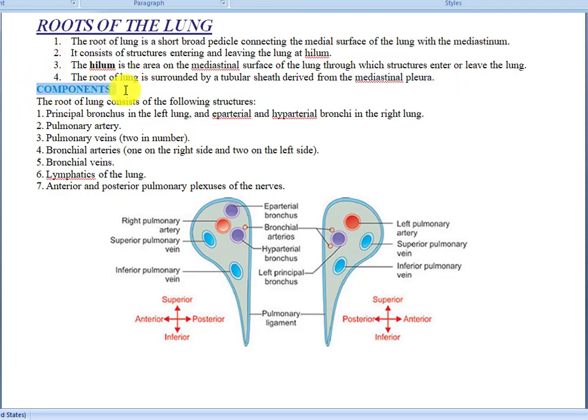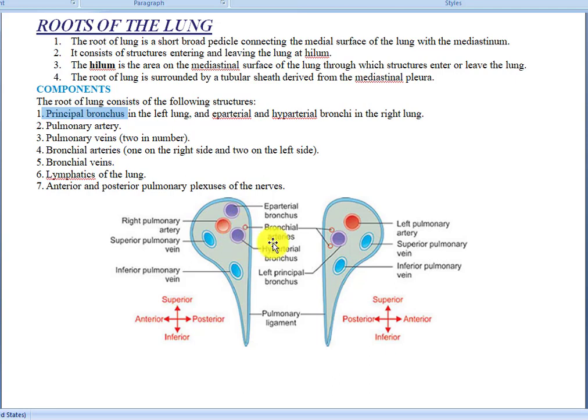Now what are the components of the root of the lung? The root of the lung consists of the following structures. Number one, the principal bronchus in the left lung and the eparterial and hyparterial bronchi in the right lung, right? So here you can see this is the eparterial bronchus, this is the hyparterial bronchus.